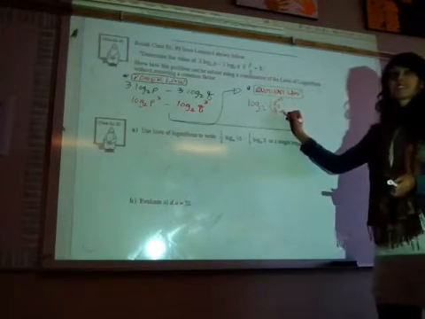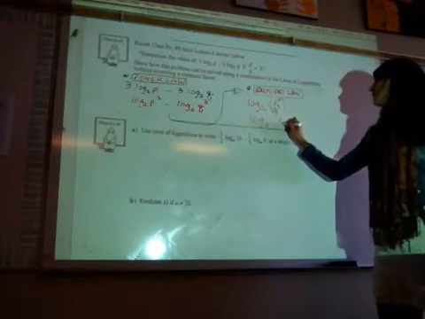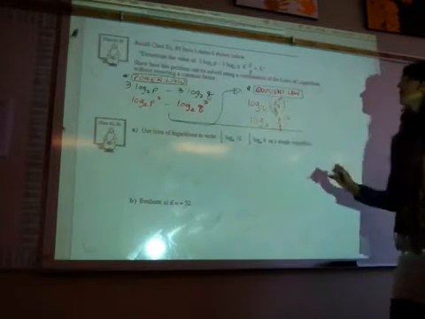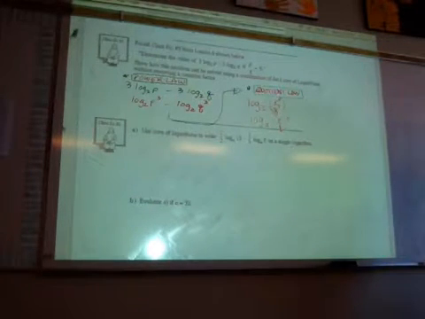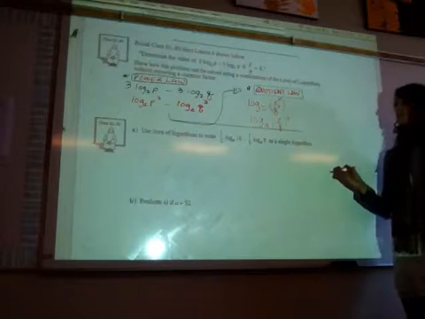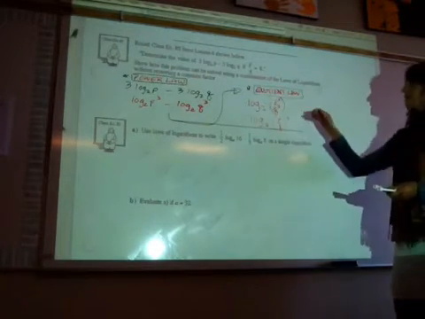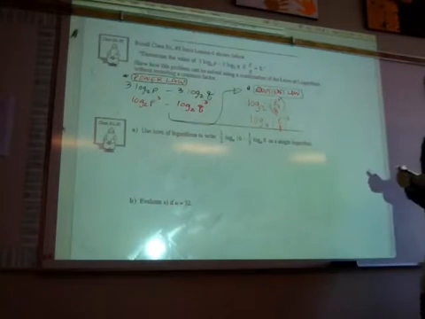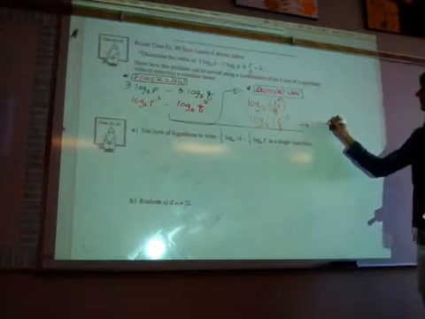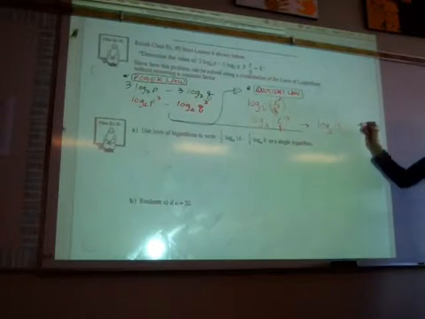Can't subtract them because they're not the same base, but I can rewrite it like this: p over q to the power of 3. Where the power of 3 would be applied to both the p and the q. They tell us that p over q is equal to 8, so let's just sub that in. Get log base 2 of 8 to the power of 3.